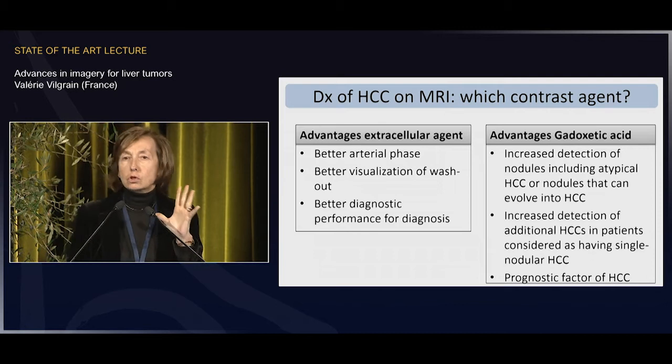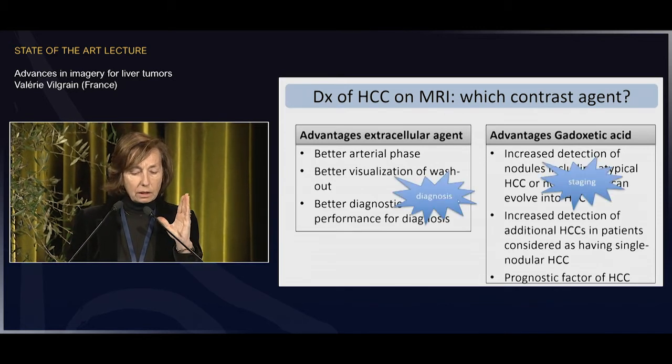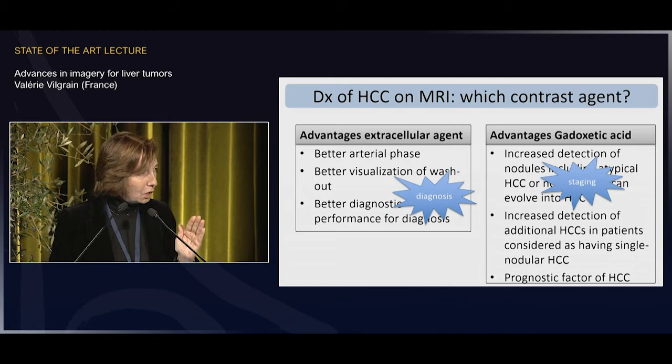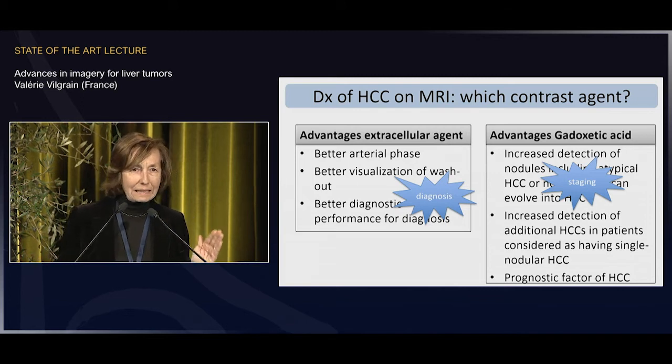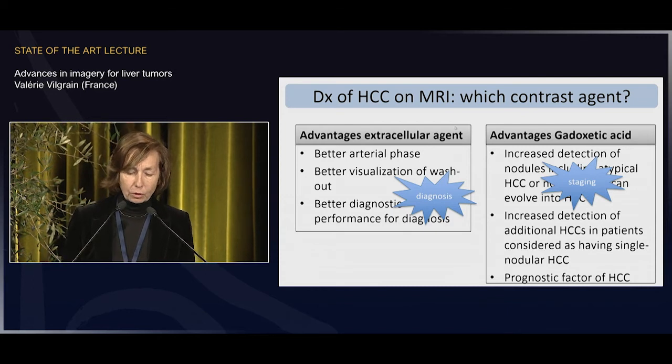So if we want to summarize, the first one is really interesting for the diagnosis, whereas the second contrast agent is certainly better for the staging. We are probably not completely ready to have different indications for MR, but I think this is important to point out.